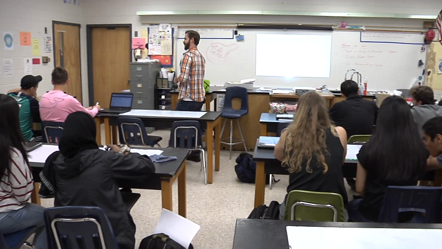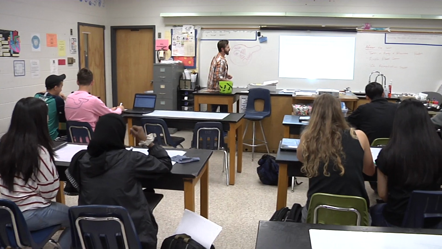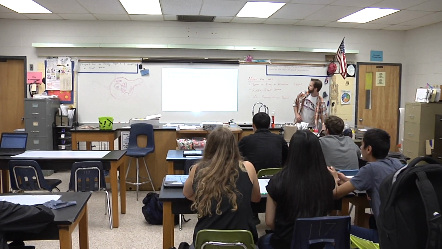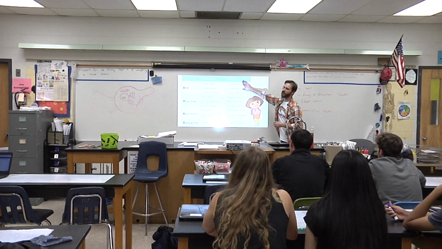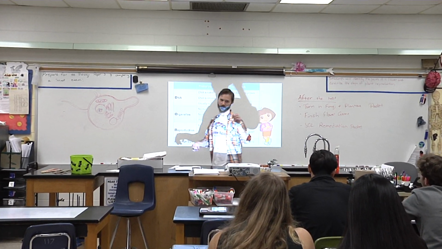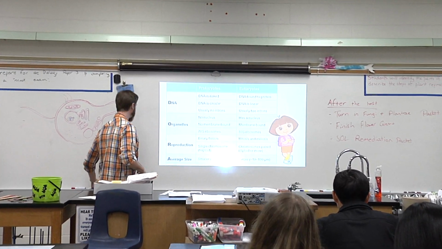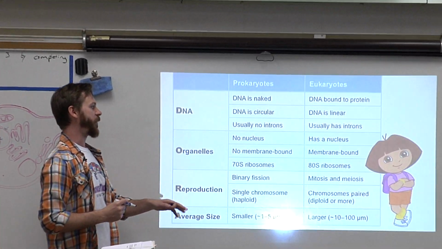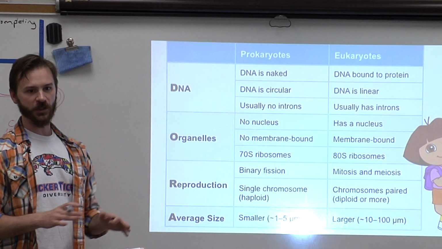All right, so to help you out, we'll go ahead and look at all the answers. And then I'll see if you guys have anything extra, but make sure you have all of this written down for practice. All right. So organelles: prokaryotes have no nucleus, no membrane-bound organelles whatsoever.